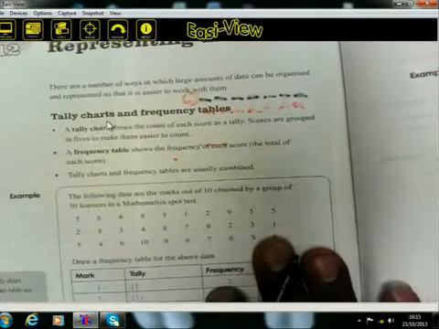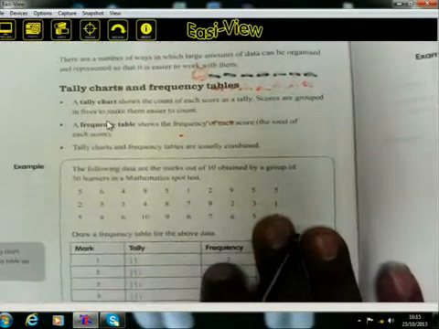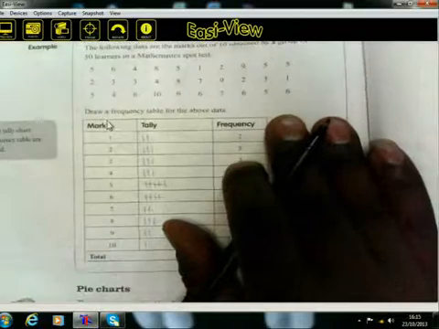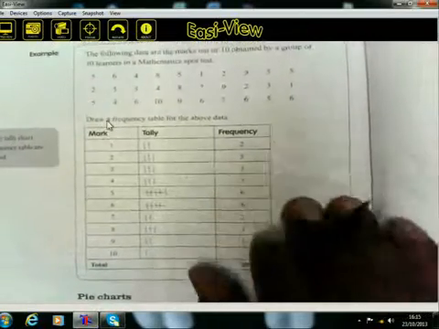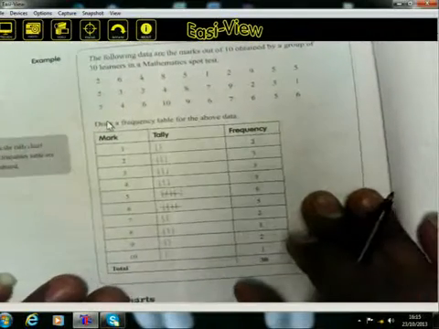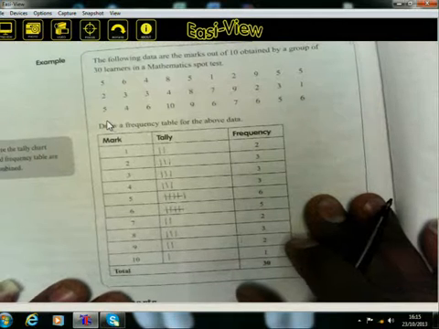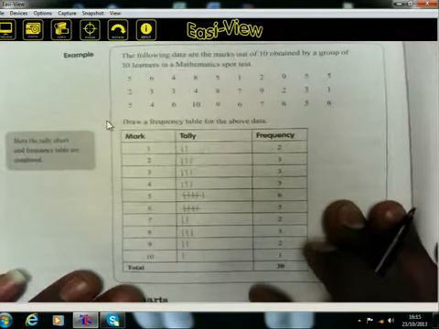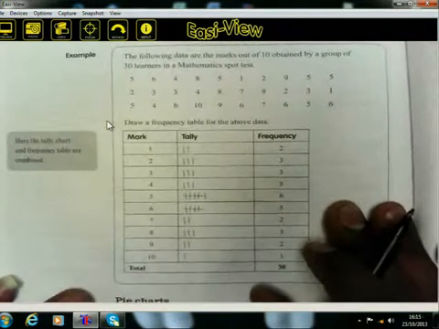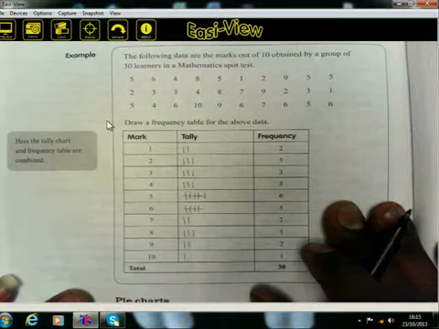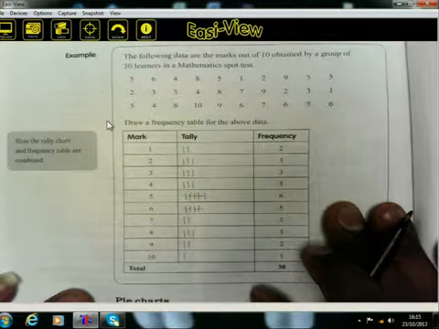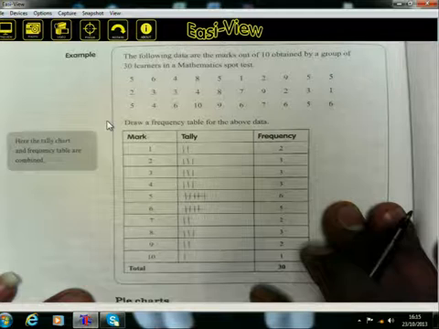Now, here is the information that is given to us. It says to us, the following data are marks out of 10 obtained by a group of 30 learners in a mathematics sport test.